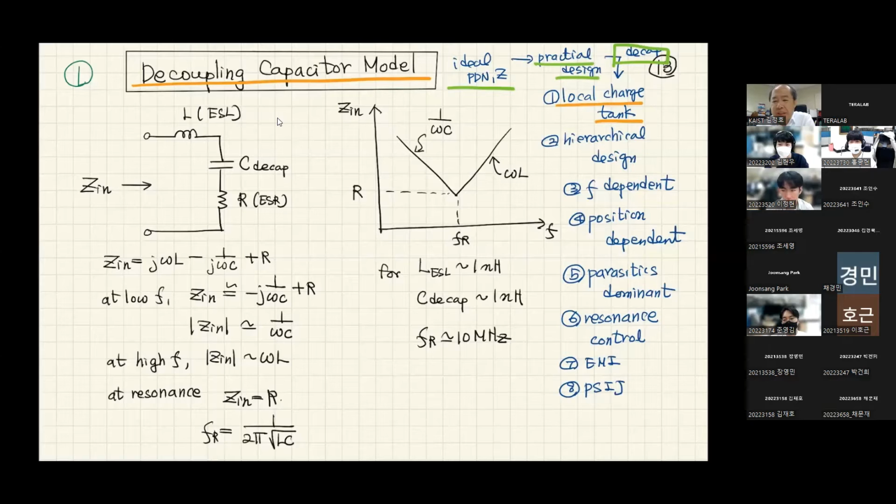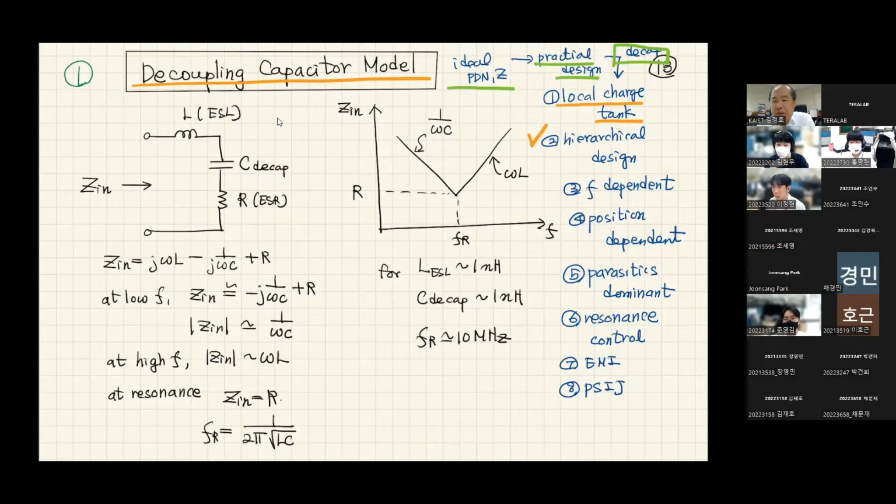Because of physical limitation, we cannot put all very large, low impedance decoupling capacitors in a small area. That is almost impossible. So we are going to use a hierarchical design. That means we're going to have some high frequency decoupling capacitors, mid frequency range decoupling capacitors, and low frequency decoupling capacitors.